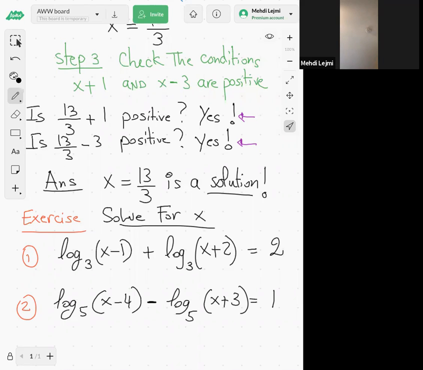I know we don't have time to go over this exercise today, but I will go over it next time. I'm going to give you 5 minutes, guys, to think at least about the first equation.